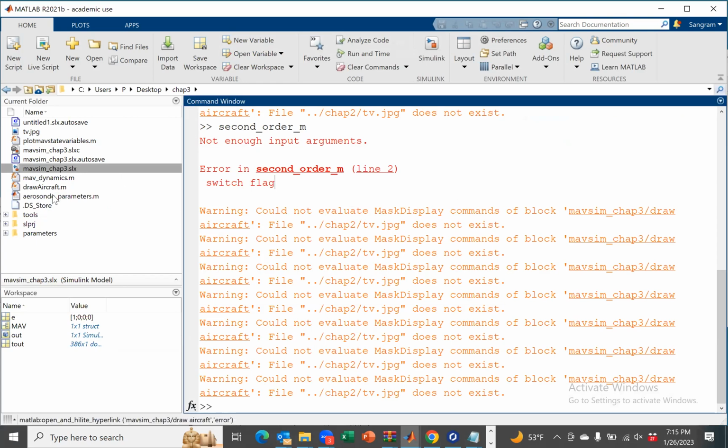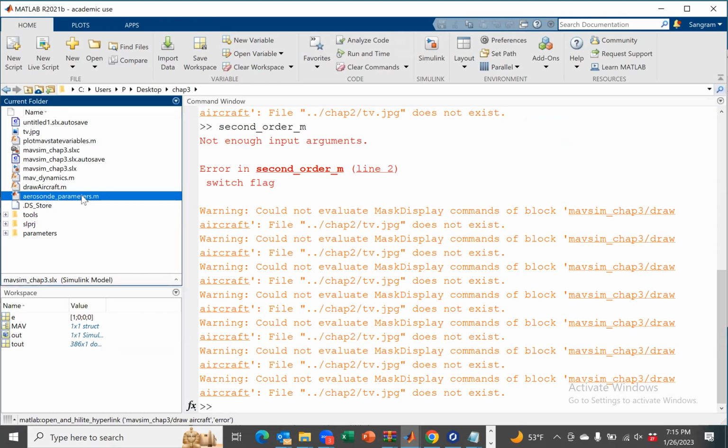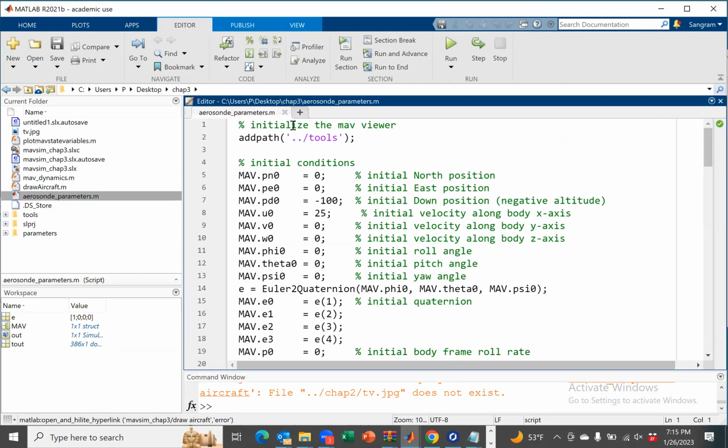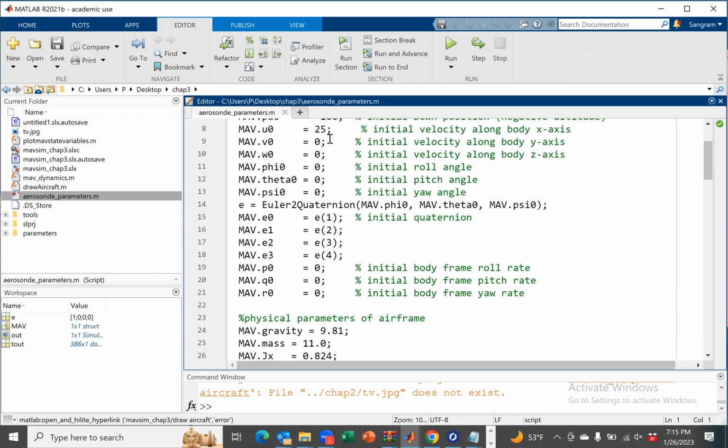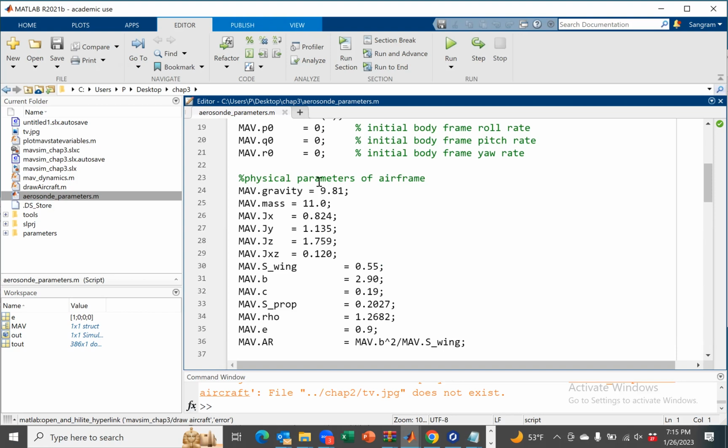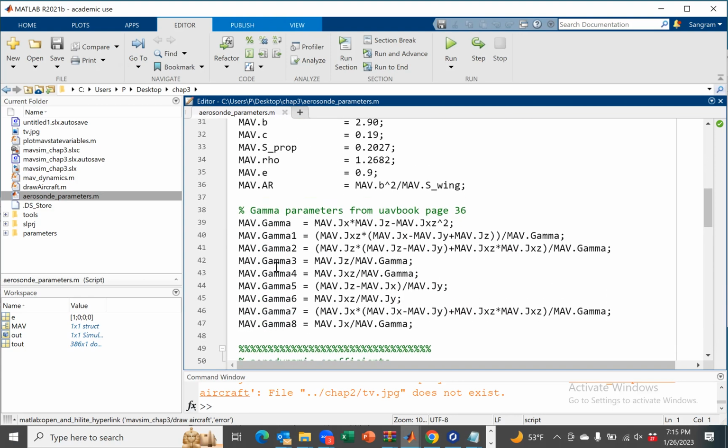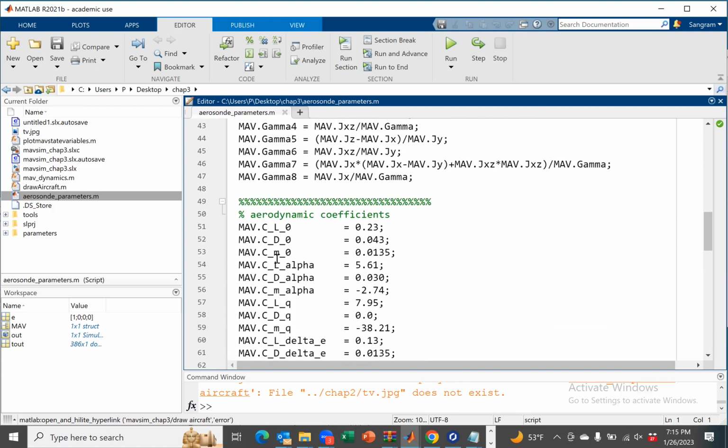Now here is the most important part. I'm using Aerosonde parameters.m. And if you look at Aerosonde parameters, it will actually initialize all these quaternions. It will also give you mav.gravity, mav.mass, mav.jx, this structure that gives you all these parameters for Aerosonde.